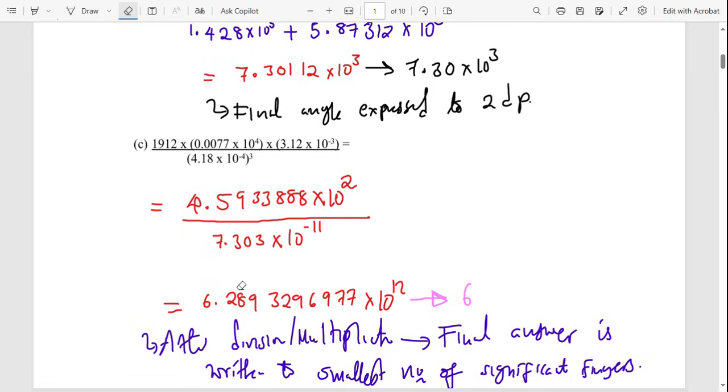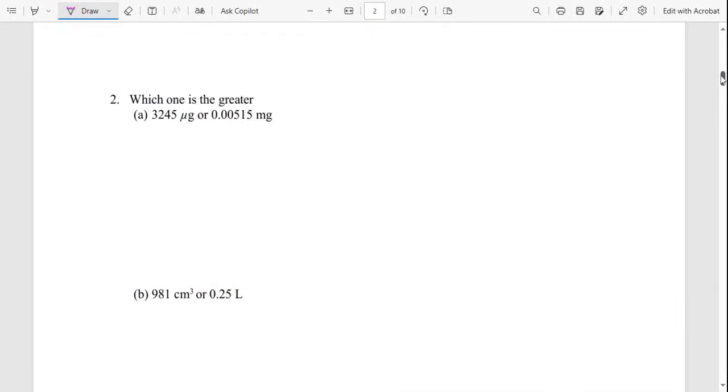So 2 significant figures means we are going to be ending on a 2. So this is supposed to be 6.3 times 10 to the power 12. Is that okay? Okay, very good. That is how we go about this question.